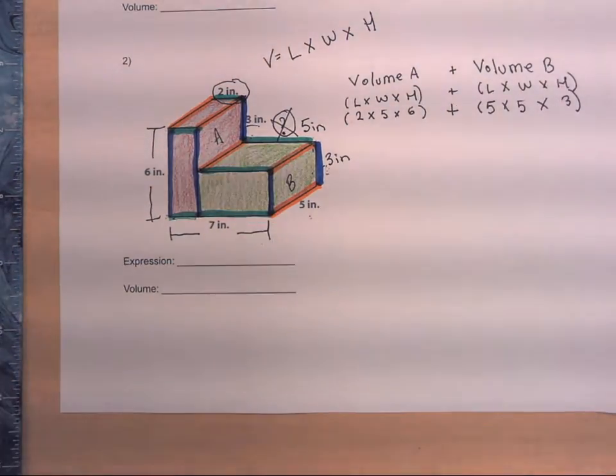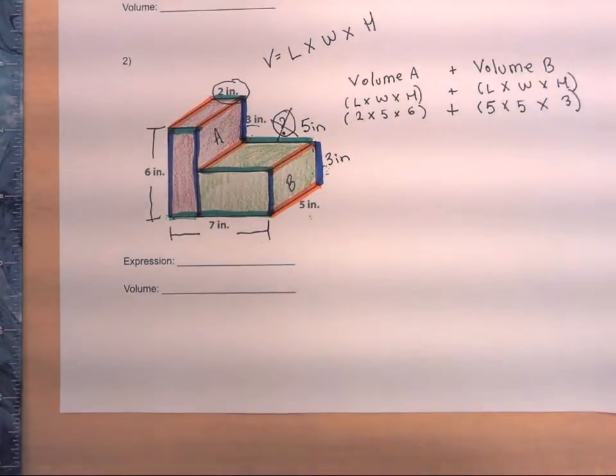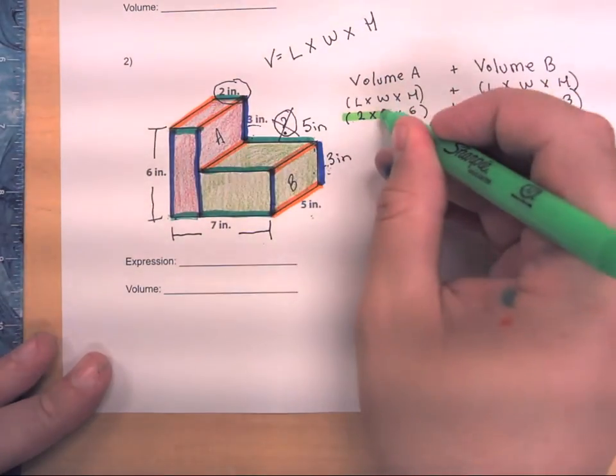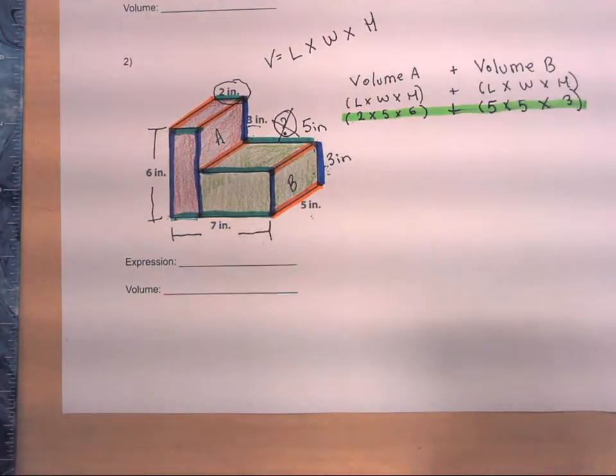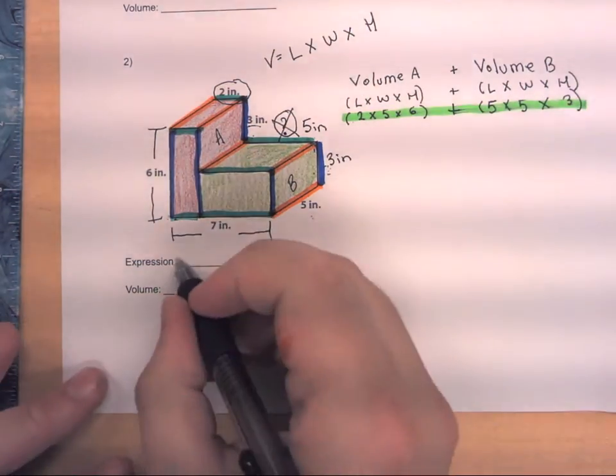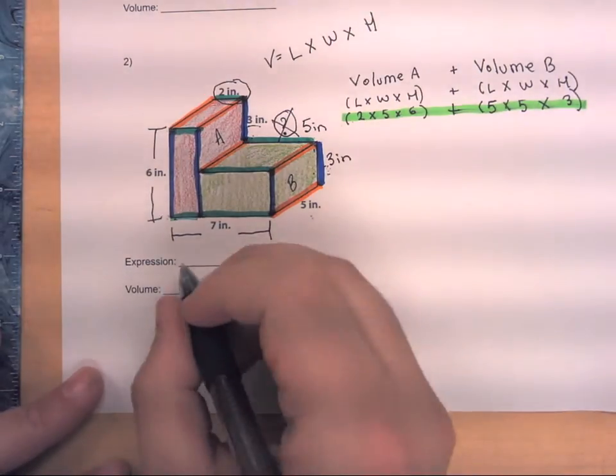So we have a nice expression here for finding the total volume of this composite figure, which I've just highlighted there. And I'm going to record that expression on this line here.